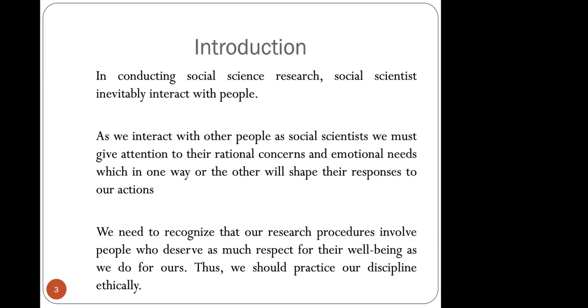And if you are doing a qualitative one, that is where you have to interact with them, getting to know the participants by asking them questions. So you definitely have to interact with whoever you are conducting the research with.